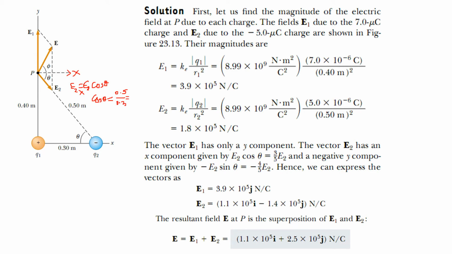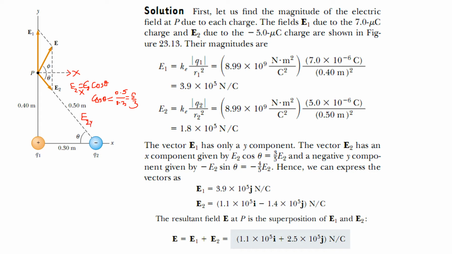Then this is equal to 5 over 3. And this electric field due to charge 2 has a y component oriented in the negative y direction.